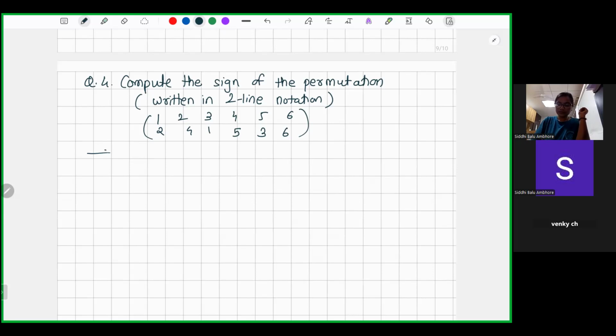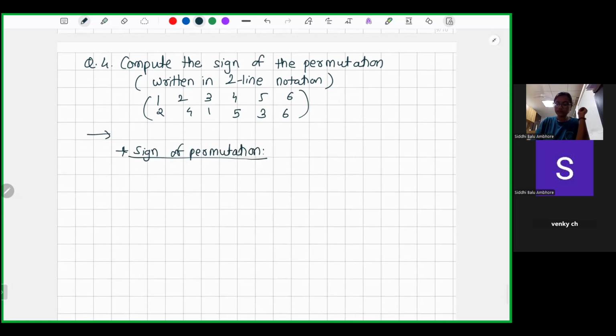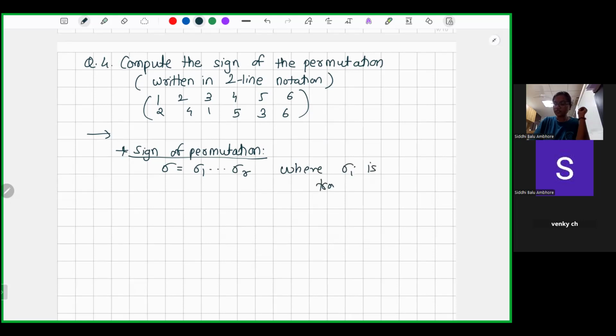So, sign of a permutation. We know the definition: if sigma is a product of sigma 1 to sigma r, where each sigma i is a transposition, then the sign of sigma is -1 to the power r.